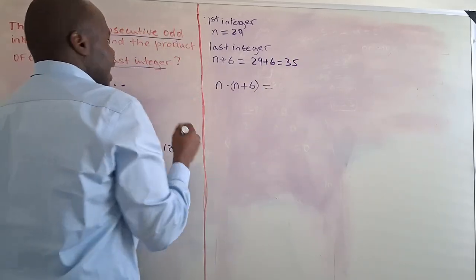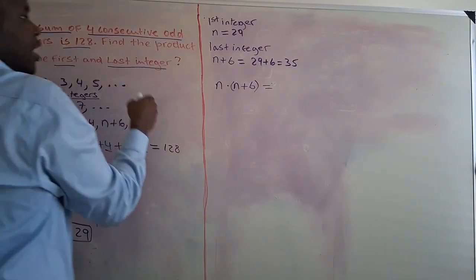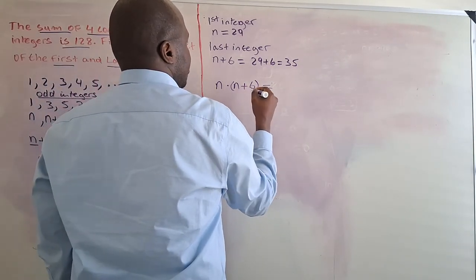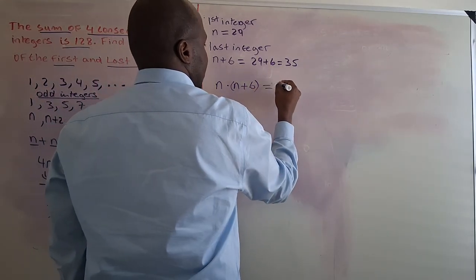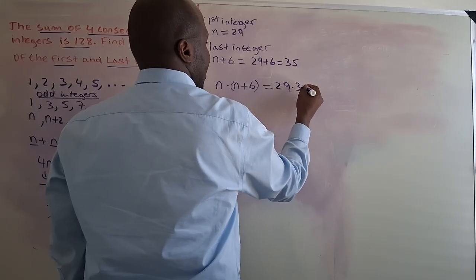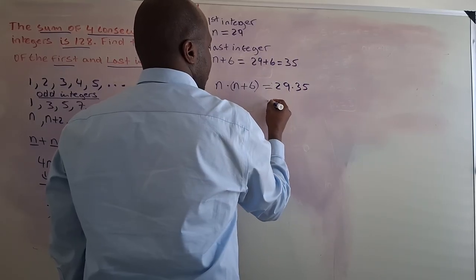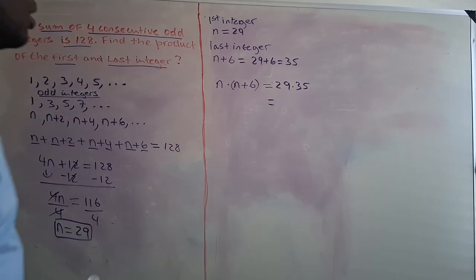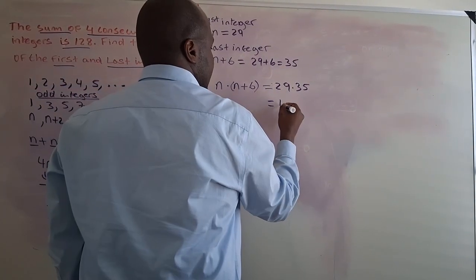Now remember, they asked us for the product of the first and last integer. So we're gonna take the first integer, which is 29, multiply it by 35, which gives us 1015.